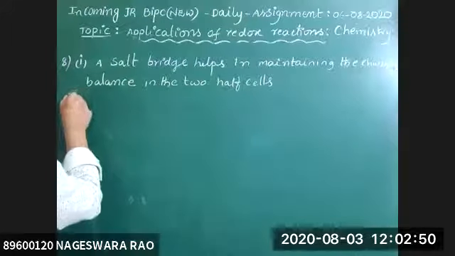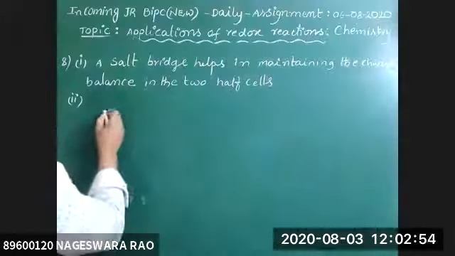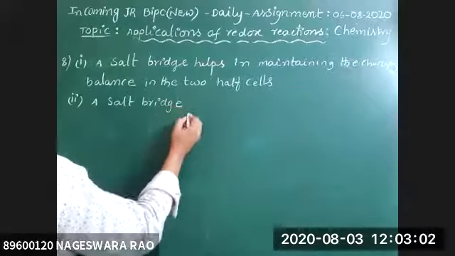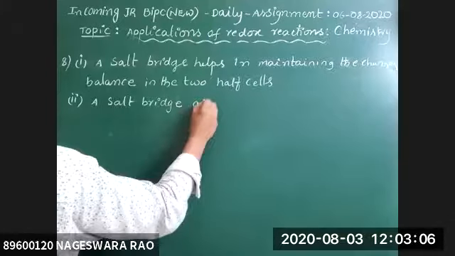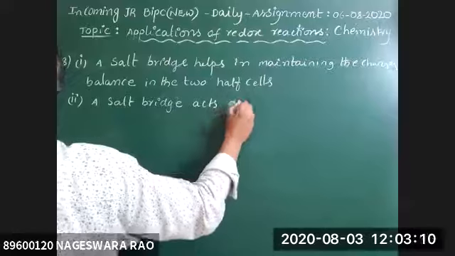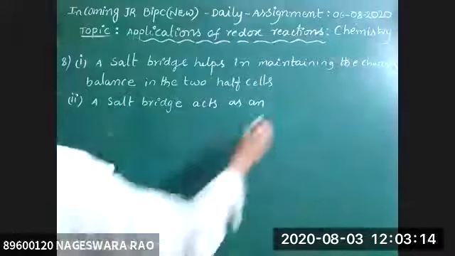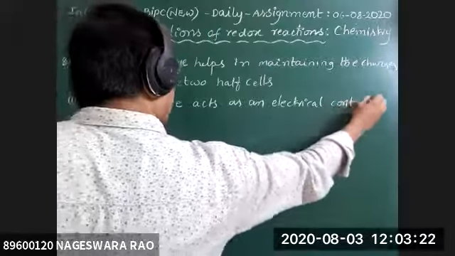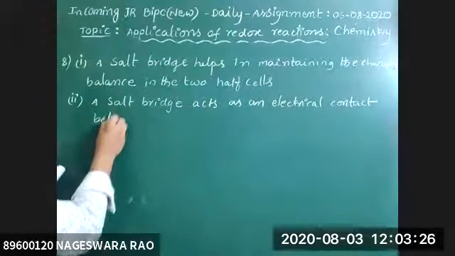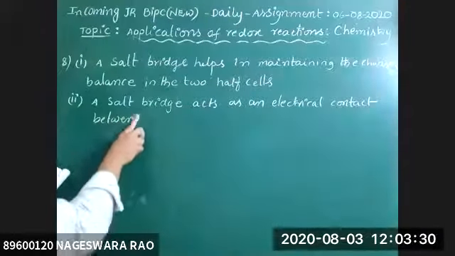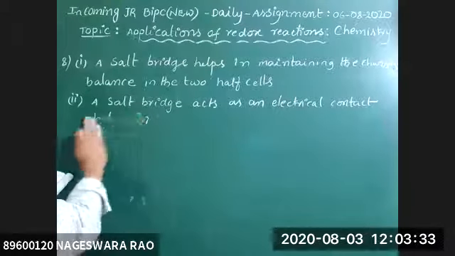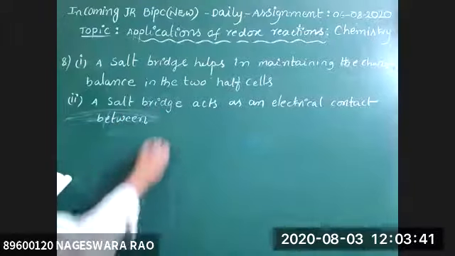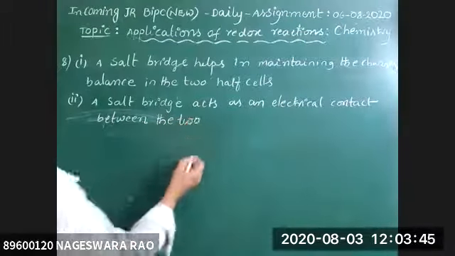And statement 2. A salt bridge acts as an electrical contact between the two half cells.